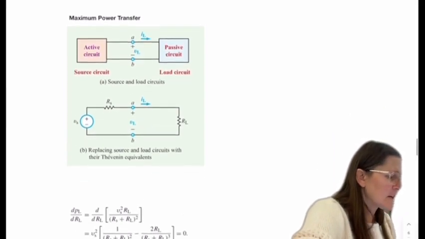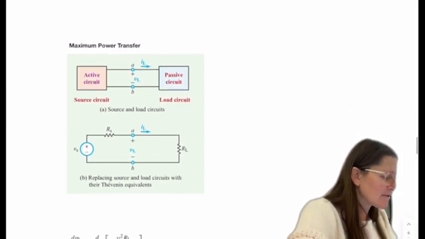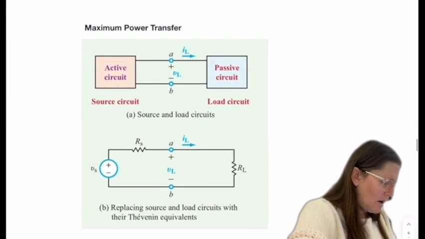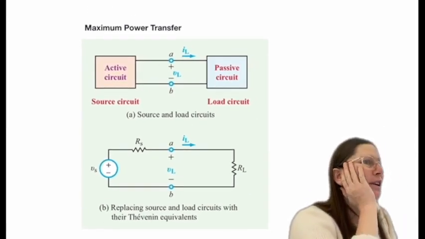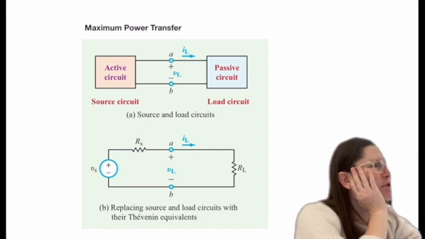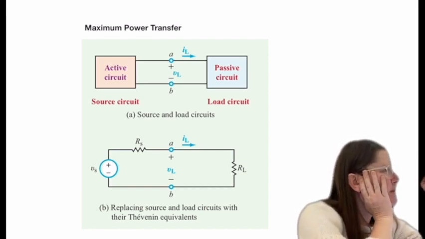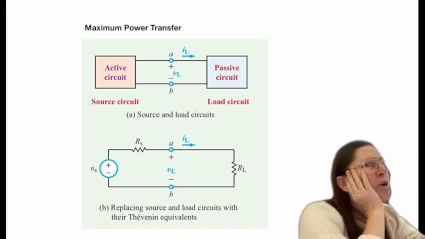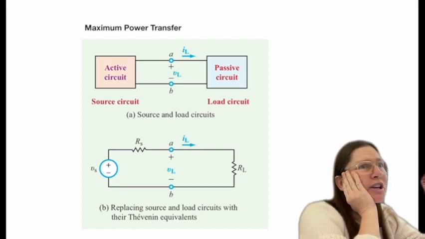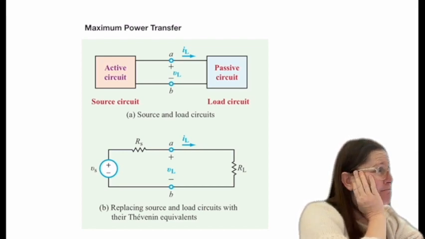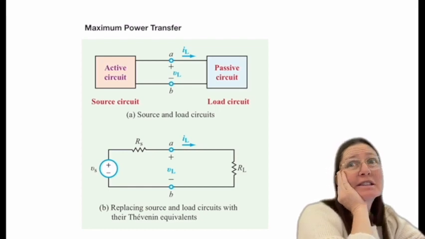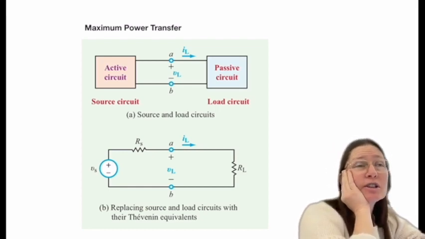The next portion is called maximum power transfer. A lot of times when we have a complex circuit, we want to create a Thevenin equivalent of that to make it simple. Note that we can do a complex Thevenin, which just means that we have impedances in there that are either inductors or capacitors.